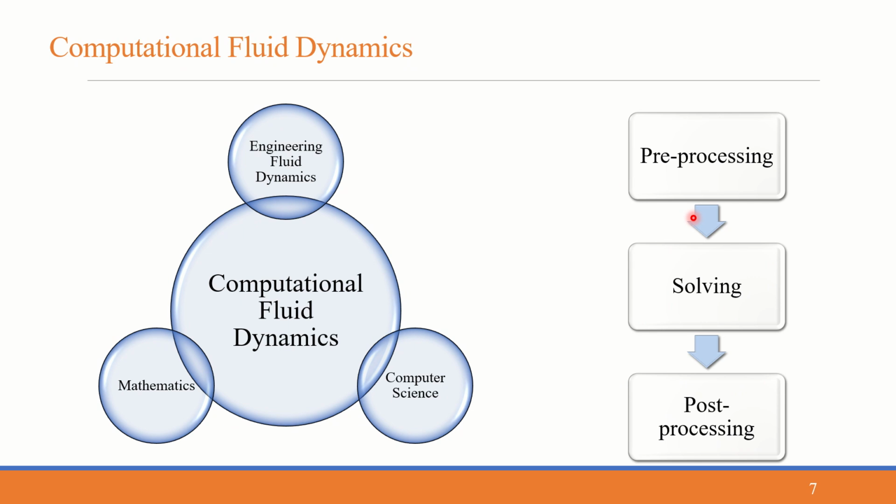After geometry creation, we will go for meshing. Meshing in the sense, we will divide the geometry into smaller segments. So that happens in pre-processing, wherein we create the domain and mesh the domain. Next one we have solving.